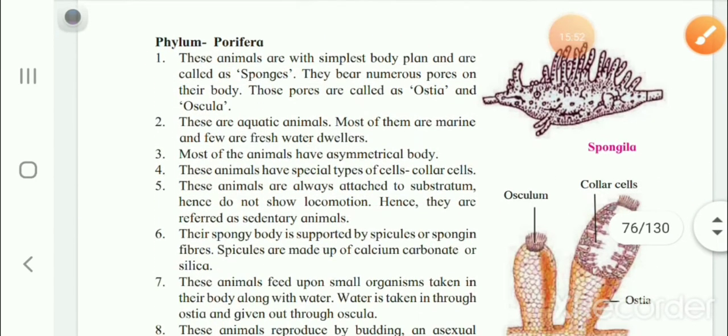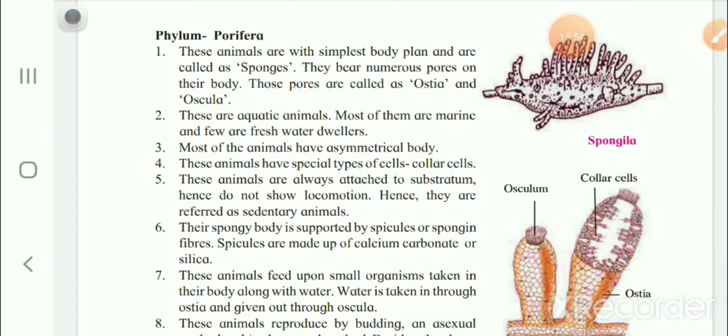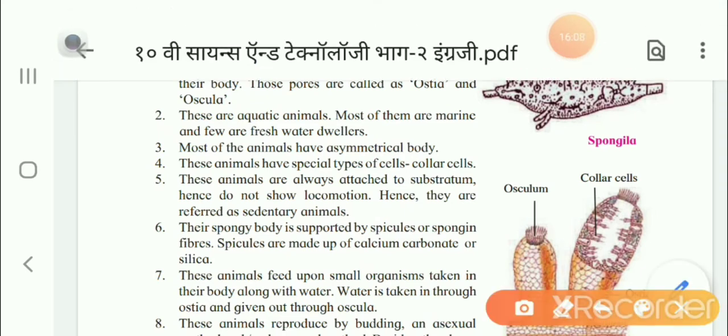Now let us start with the phylum Porifera. In phylum Porifera we will see, already you have seen the example in the video.